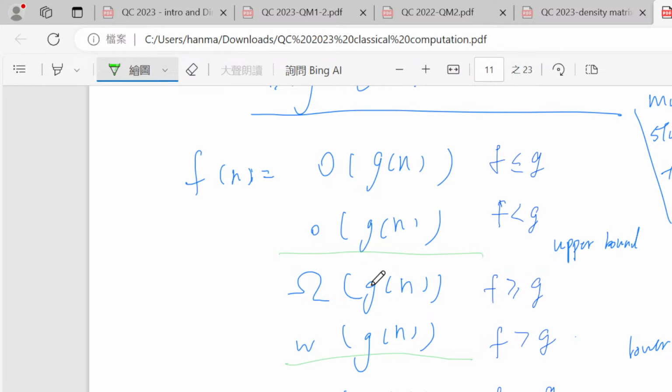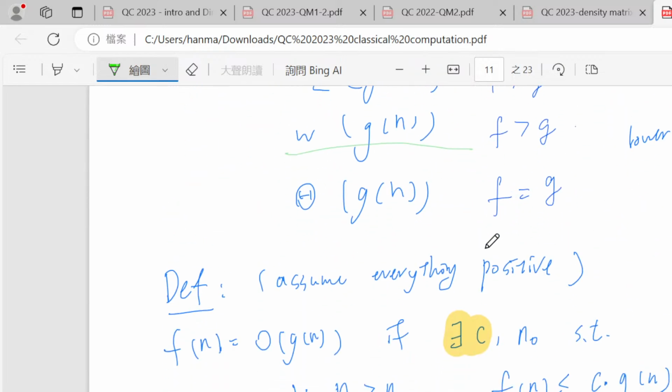Then we have omega: f equals omega of g means f is greater than or equal to g, and f equals small omega of g means f is greater than g. Finally, theta means that f is roughly equal to g. But here, equal or greater or equal all mean that we are dropping constants. So let's go to the more specific definitions.